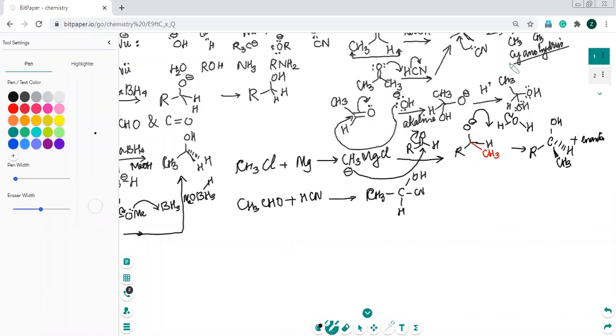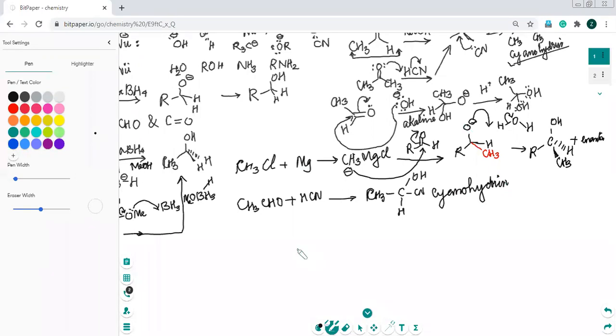Here it is written cyanohydrin. So that is an addition reaction of aldehydes and ketones.